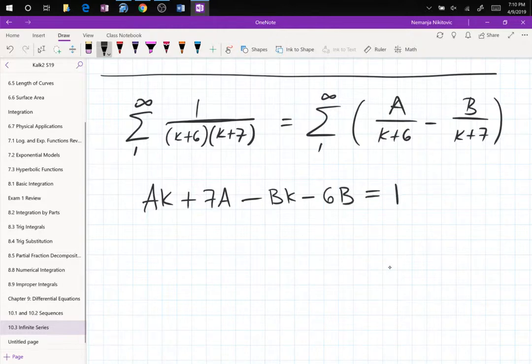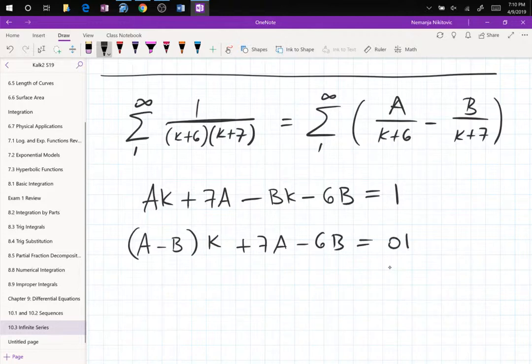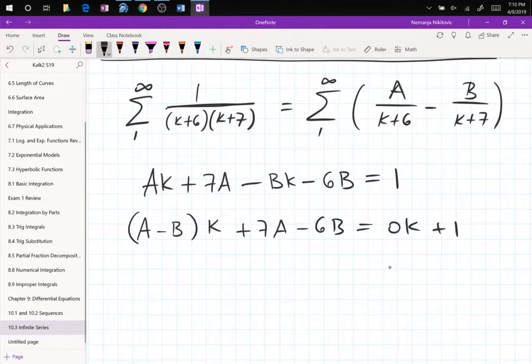Is equal to, well, I'm cross multiplying, killing the denominator. We'll just fly through this. Okay, so now we have ak minus bk plus 7a minus 6b equals 0k plus 1, right?